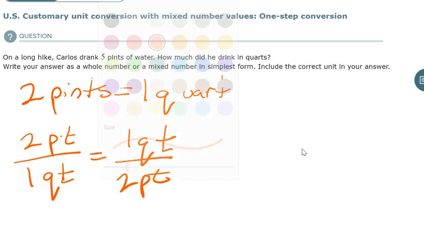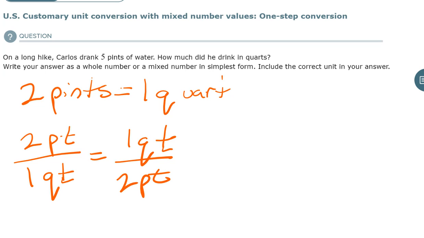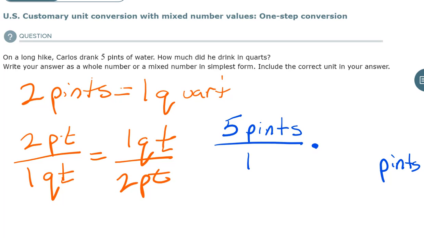So I am going to start with 5 pints. On a long hike, Carlos drank 5 pints of water. So we are starting with 5 pints, and I can call that 5 over 1, or 5 pints over 1, times. Now again, I want to get rid of the pints, so I'm going to have my pints go on the bottom.